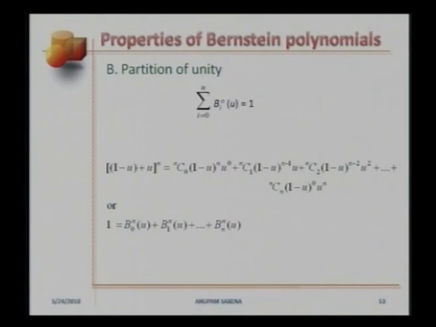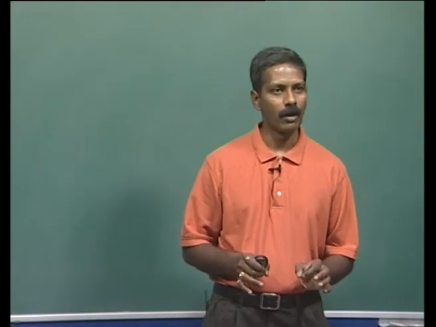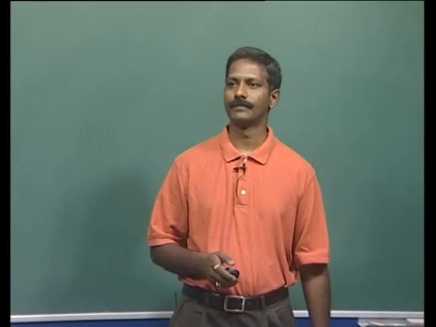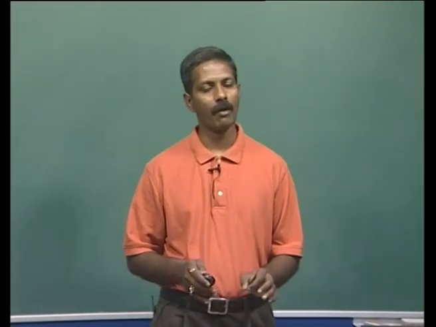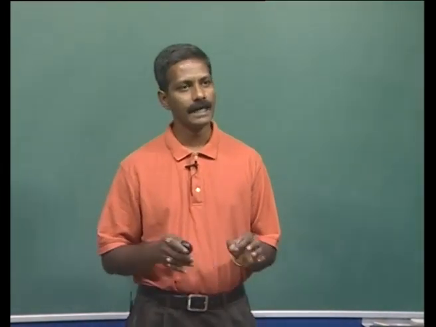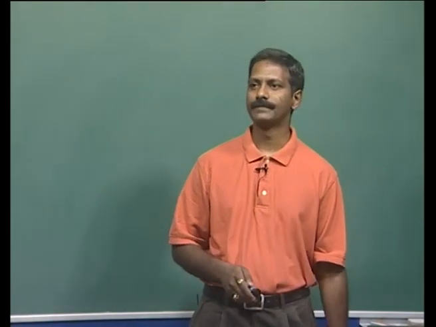We studied wonderful properties of Bernstein polynomials that were partition of unity property and non-negativity property. Essentially, no matter what the value of the parameter u is, all Bernstein polynomials sum to 1, and all Bernstein polynomials are non-negative by themselves.